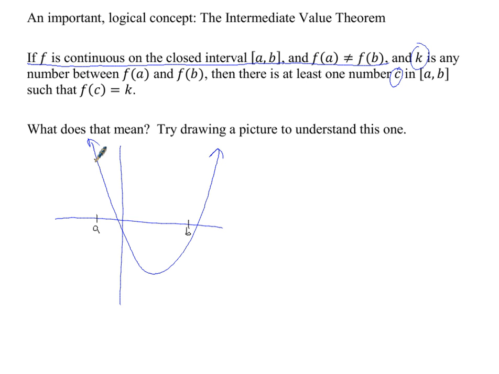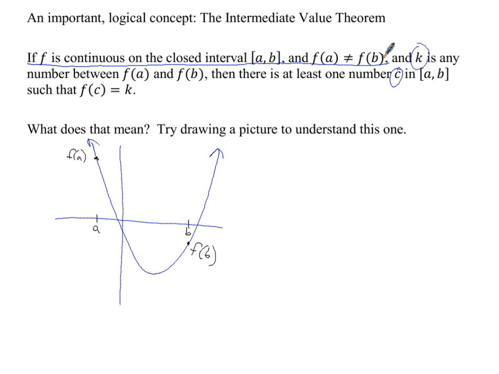Here's a up to the function, so this would be f at a, and then b is down here, so this would be f at b. And in between, the function is continuous. That's this part right here. F at a is not equal to f at b. F at a is up here, f at b is down here. So we've completed all of this up to here.